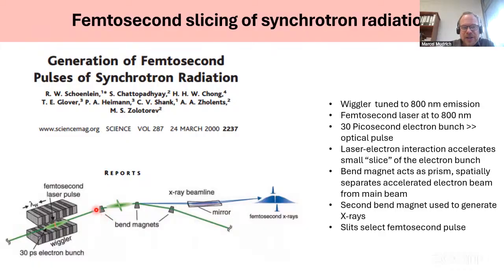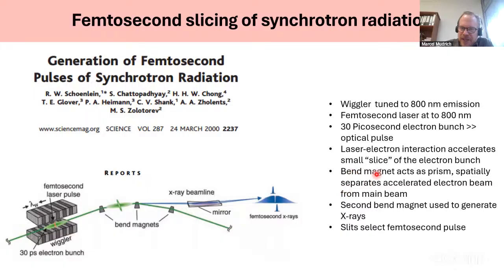In the same way, there are dispersive elements for electrons, and these are, in the simplest case, just bending magnets. Because in the bending magnet, the electron trajectories, as they are bent around the magnetic field, would have different bending radii depending on the electron energy. So in this way, now really the energy modulation is transformed into spatial modulation.